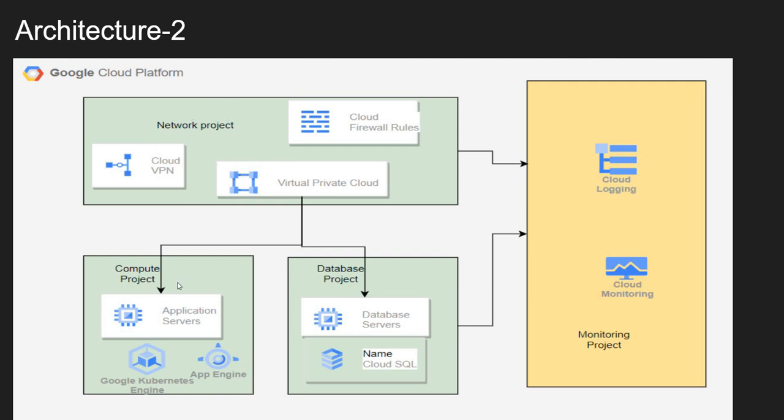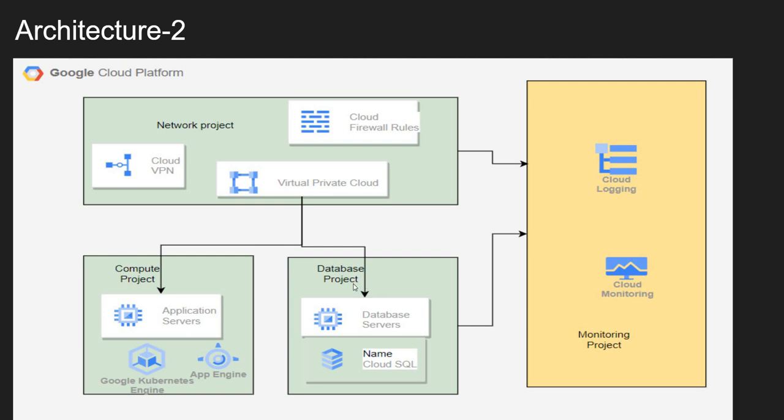Then I'm creating one more project, compute project, and here I'm creating all compute resources like my application servers, my GKE or my app engine, and I'm sharing the VPC created in the network project. So I'm not creating any VPC in my compute project. So I'm just using the VPC created in the network project because that is a shared VPC, and this VPC is shared across multiple service projects.